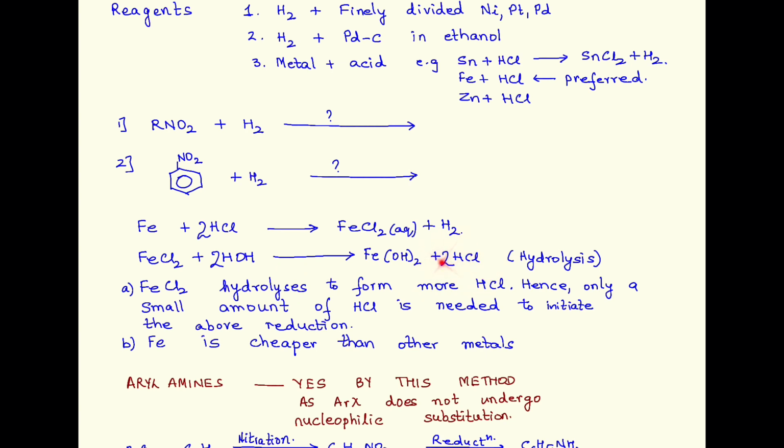So what is happening here is we need only a small amount of HCl in order to initiate the reduction process, and the rest is taken care of. And of course, as I mentioned, iron is the cheapest out of the metals. Let us now try and complete this reaction.